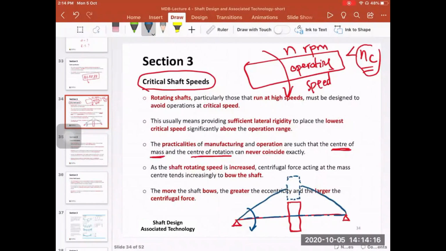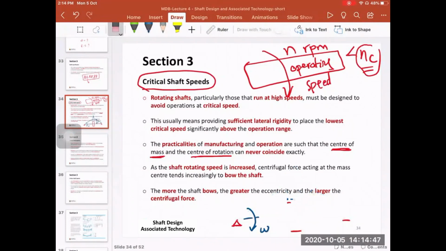The distance between this center and this center is the eccentricity. So the centrifugal force here is a function of the omega of the shaft and a function of this value e as well. This is how you think about it.